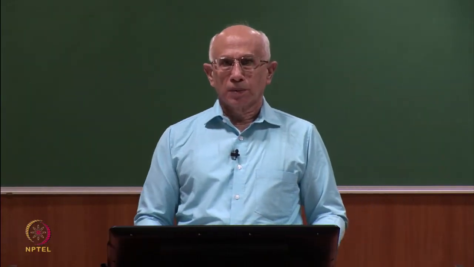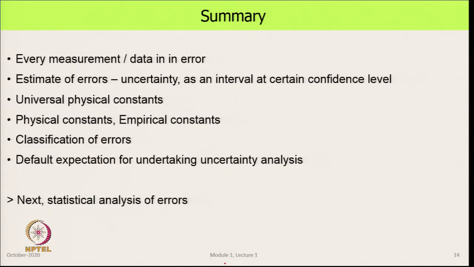So, we will conclude this lecture here and say what we have learned today: every measurement is in error, we cannot remove that, and because of that we cannot give an exact value to anything that we measure. We represent that parameter, or the measurand, with an uncertainty, which is an interval estimate, that is a range at a certain confidence level.